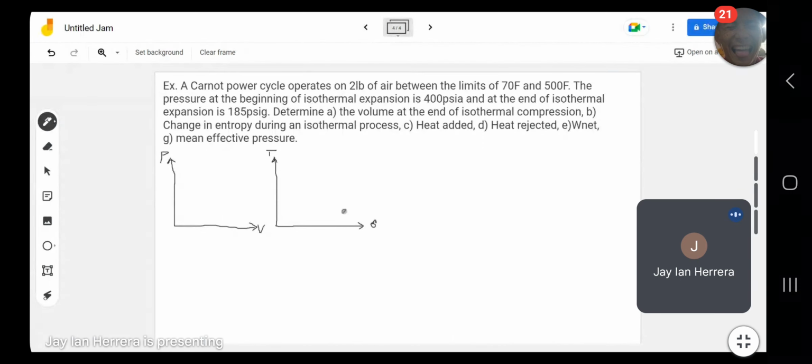So let's have this as point 1 again. Point 2, 3, and point 4.